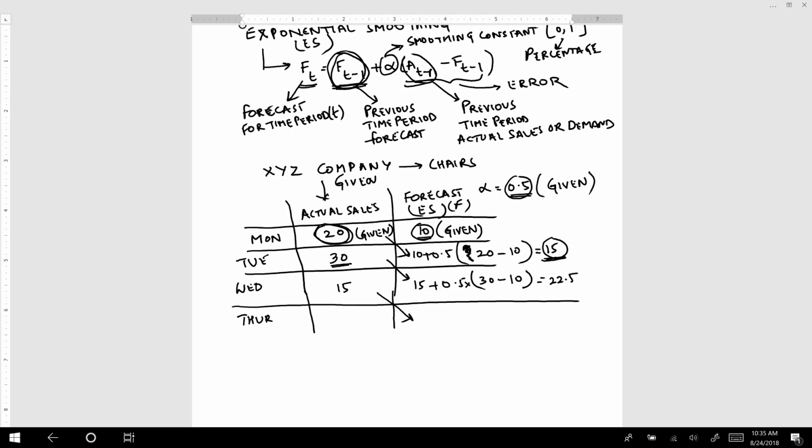Again we will be using this formula: F of t minus 1, which is 22.5, plus alpha 0.5 multiplied by the actual value, which is 15, minus the forecasted value 22.5. So this you should get 18.75.